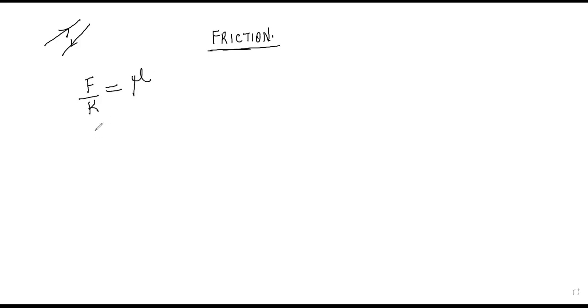So that's why F equals mu R. Mu is the coefficient of friction, and it depends on the nature of the surfaces in contact. F is the limiting friction, R is the normal reaction, mu is the coefficient of friction.